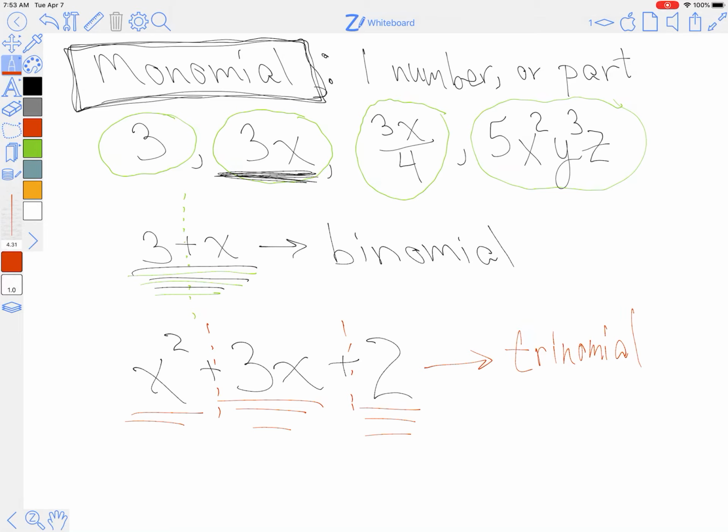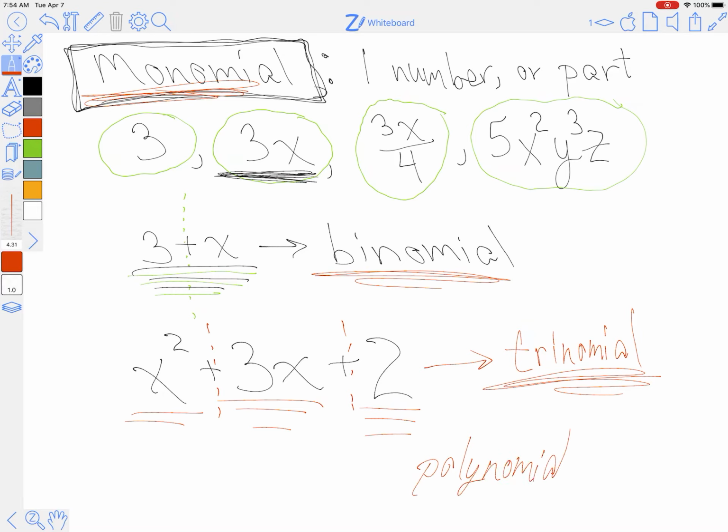Anything more than 3, when we get up to 4 parts, 5 parts, 6 parts, they just call those polynomials because poly means many numbers or many parts. Okay, so we have monomial being one part, binomial being 2 parts, trinomial being 3 parts, and anything more than 3 we call polynomials.